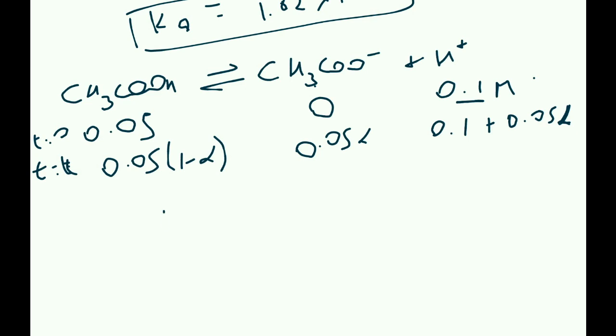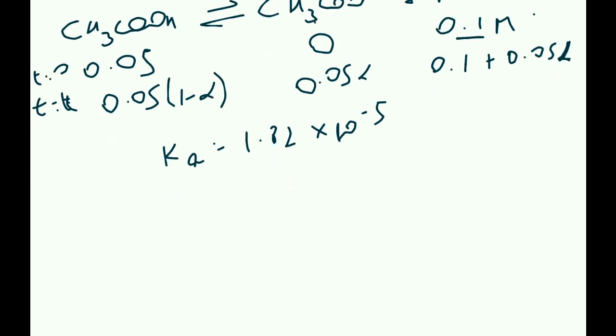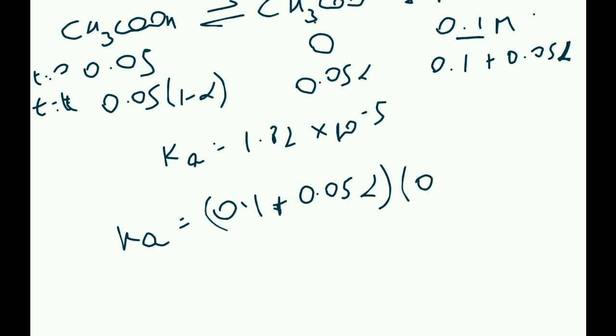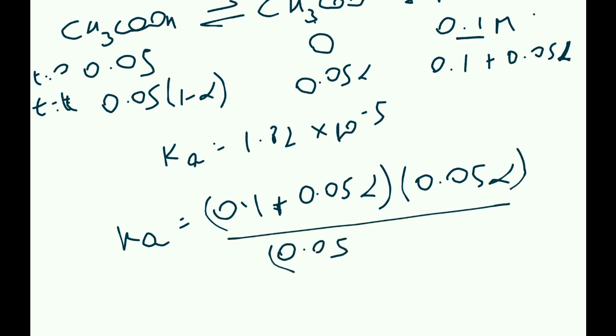Now when I find my Ka, as I saw it was 1.82 into 10 to the power minus 5, wasn't it? And if I go formula wise, Ka is going to be equal to 0.1 plus 0.05 alpha into 0.05 alpha by 0.05 into 1 minus alpha.